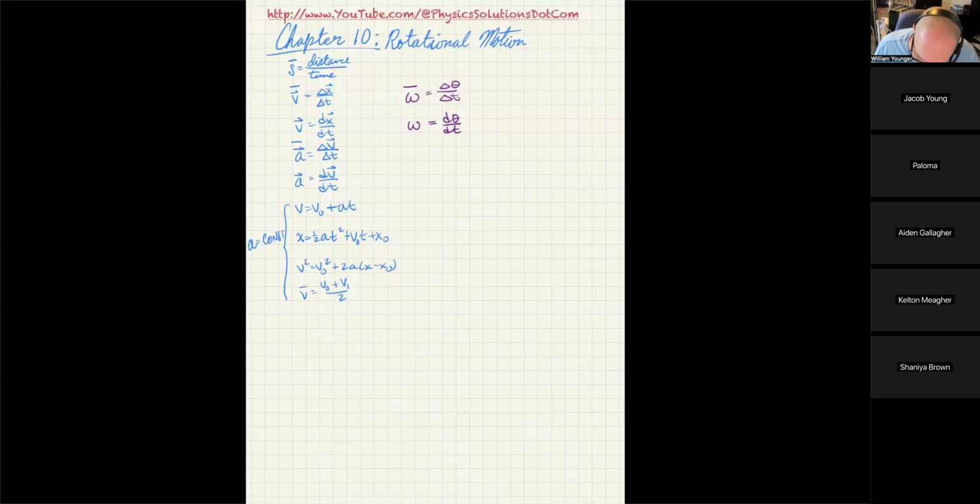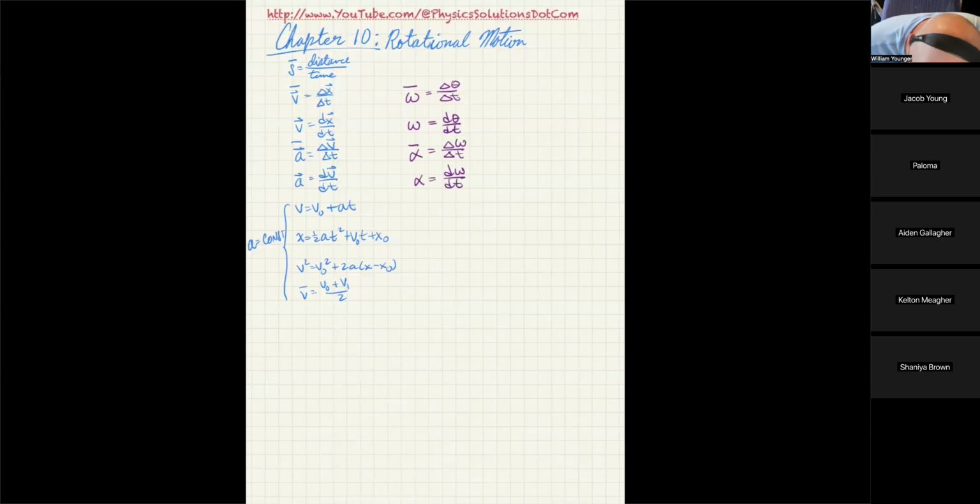That's why I'm not writing them as vector quantities. There's also a rotational analog to the acceleration, and that quantity is called alpha, and the average alpha is delta omega over delta t, whereas the instantaneous alpha is d omega over dt.